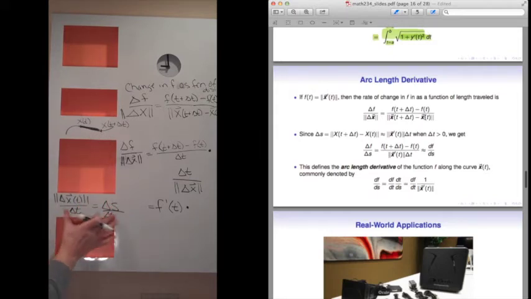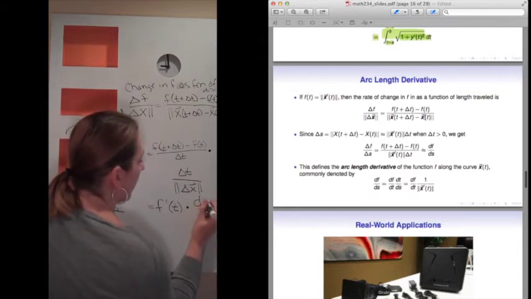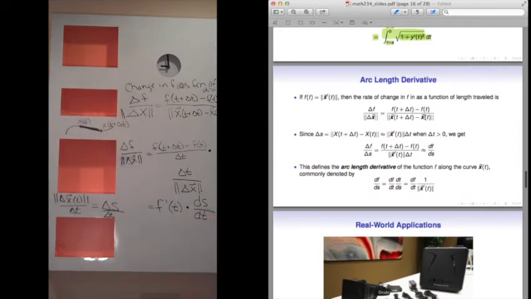So we have this formula where this change in position, delta s divided by delta t, is equal to this, or the reciprocal of that. If we like, we can replace it with the continuous version: the continuous version of delta s over delta t is ds dt.